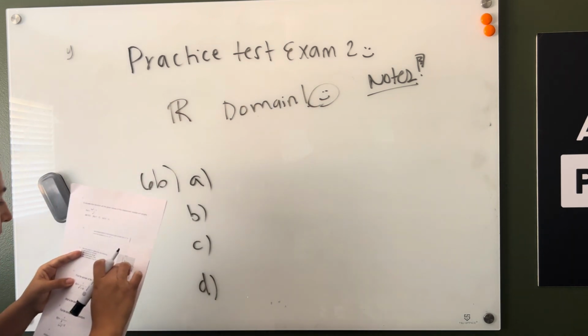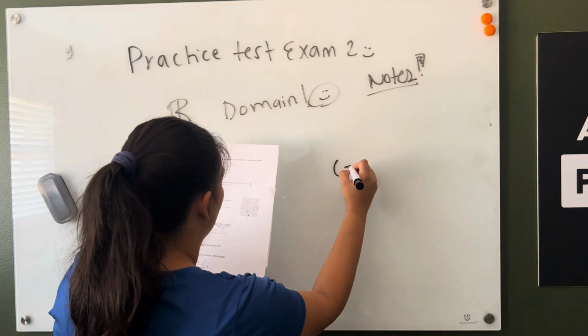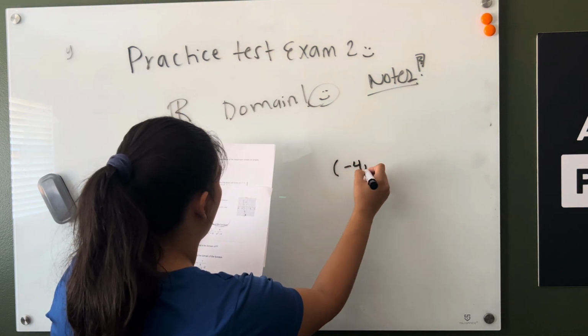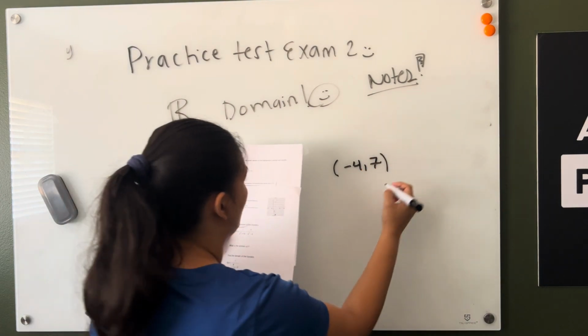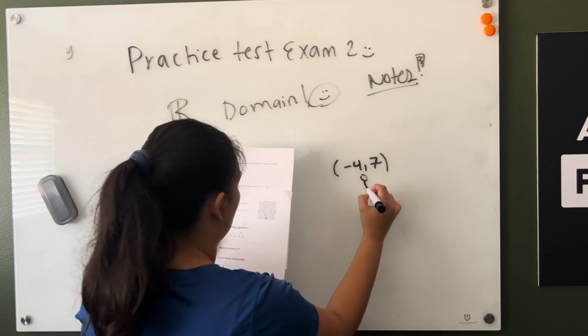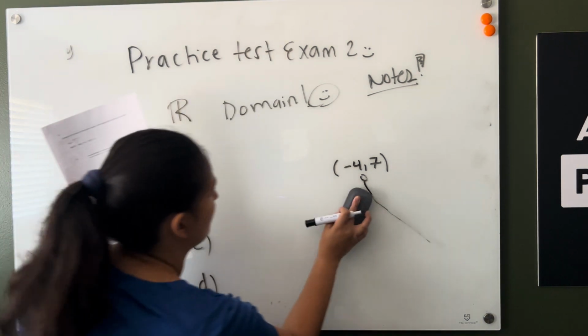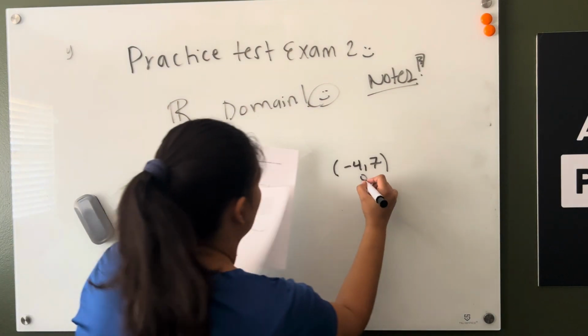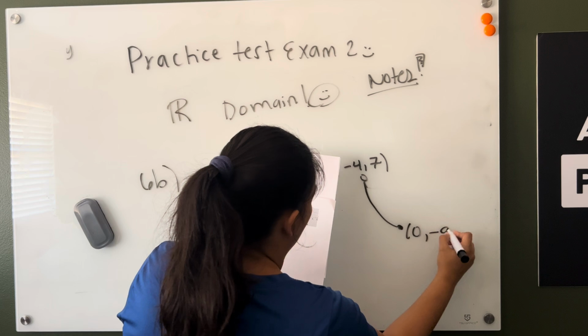Well, if you look at the ordered pair all the way on the left, that ordered pair is -4, 7, right? And that's the open circle. And if you look at this ordered pair, that's 0, -9, right?